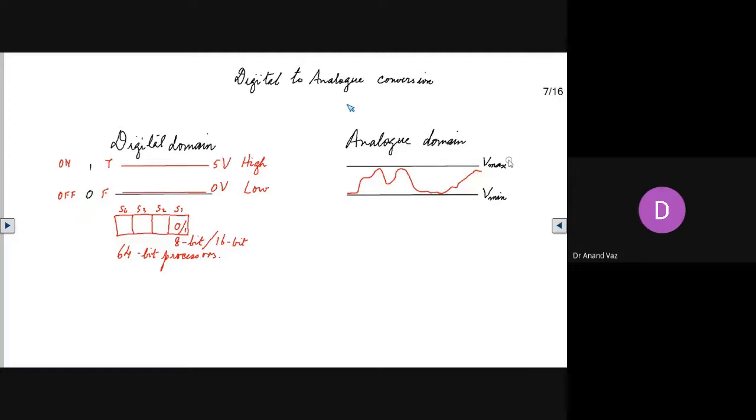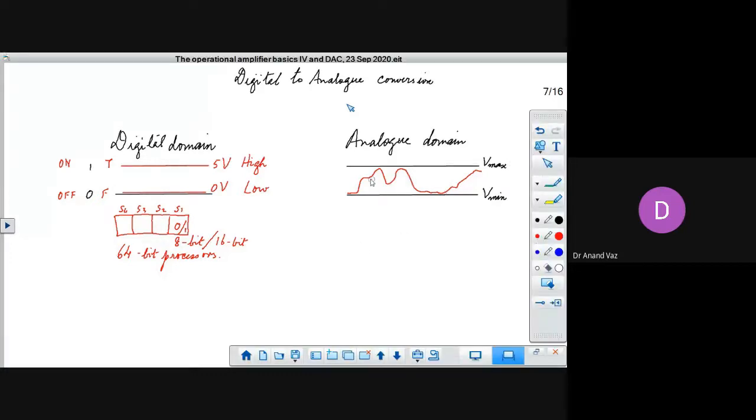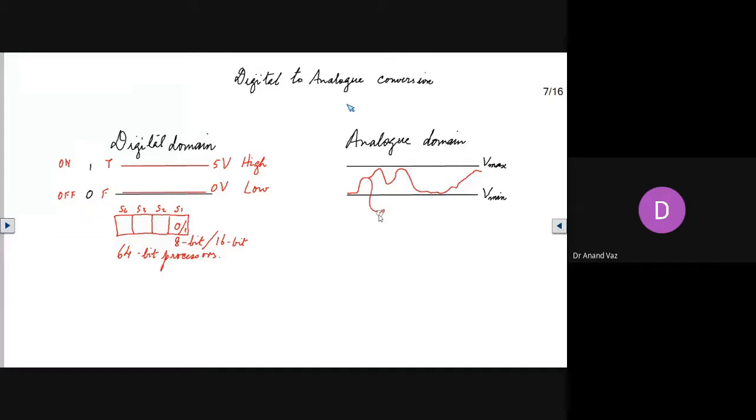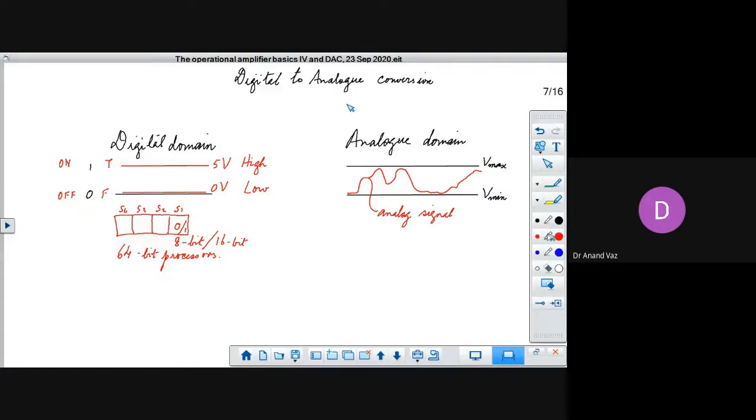Yeah. So this is an analog signal, and we are interested in understanding how to convert from the digital domain to the analog domain. So what should we do? Let us have an understanding of this.